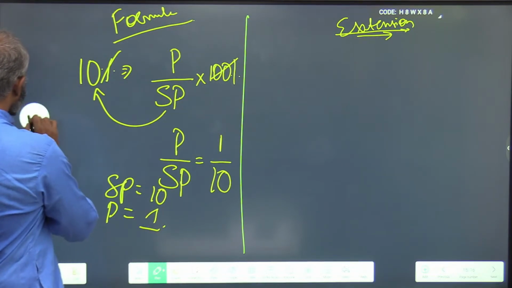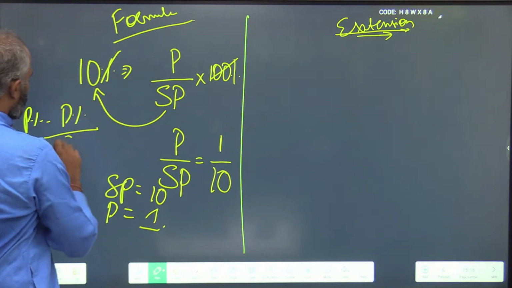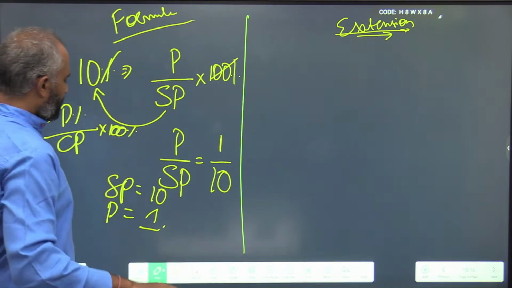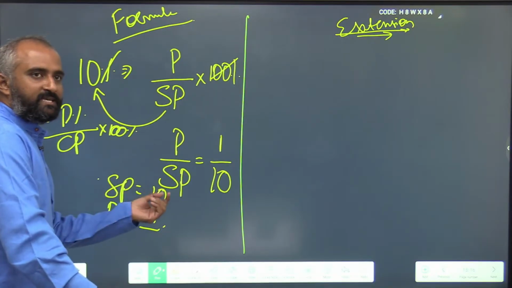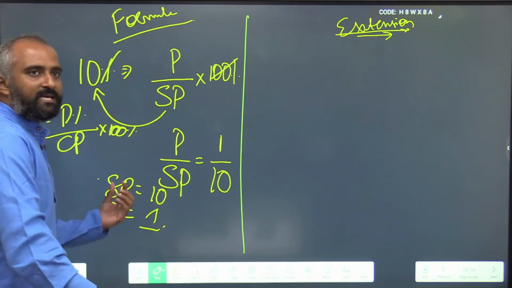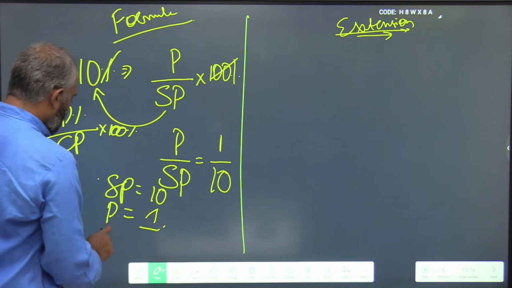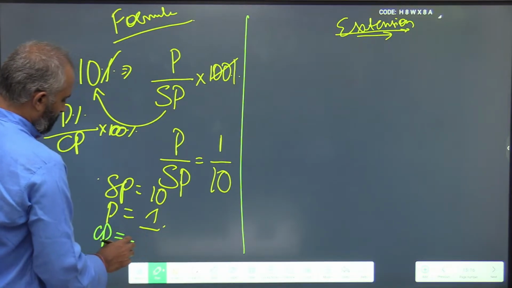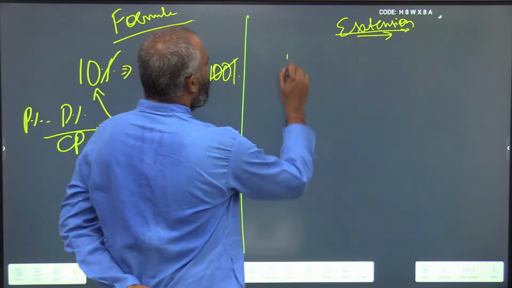So what is the actual profit percent? Profit percentage is profit by CP into 100%. You see, SP is 10 and the profit is 1. So what will be CP? How do we define profit?